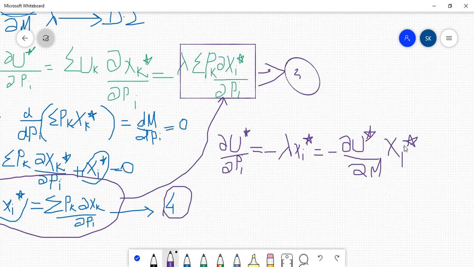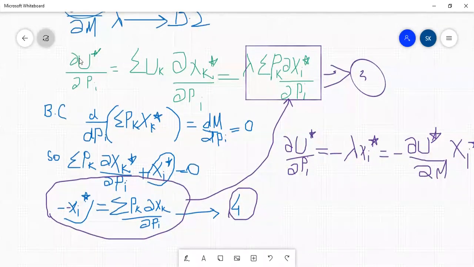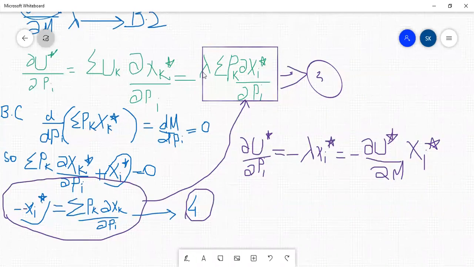That is what we did over here: we have taken this value of minus xi star, here we have a minus sign as well, and substituted it into this particular equation. Therefore, what we got over here was curly u star upon curly pi. So we have multiplied this lambda, and then summation pk curly xi star, we have it over here.